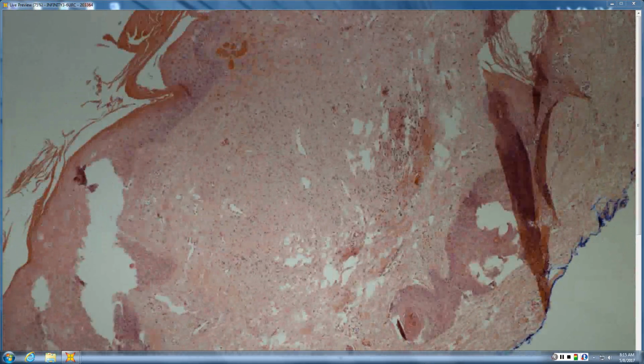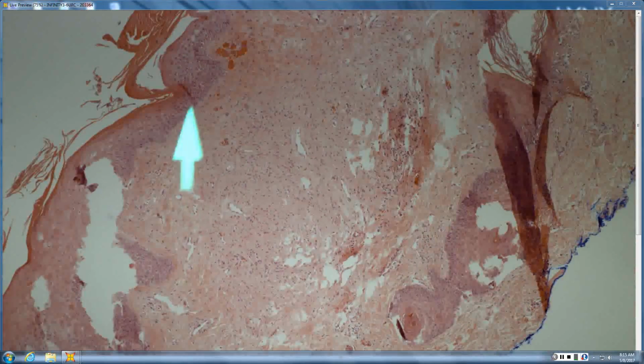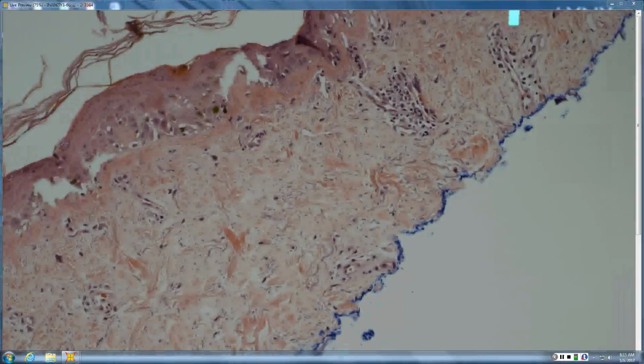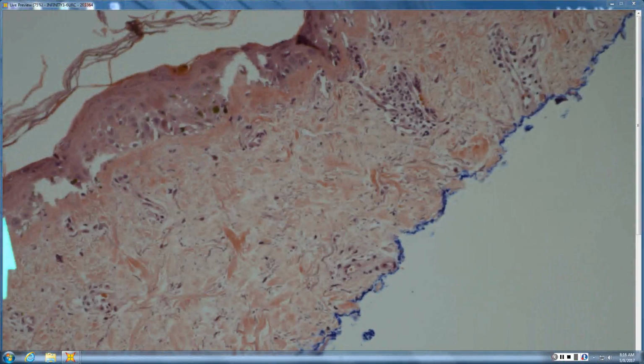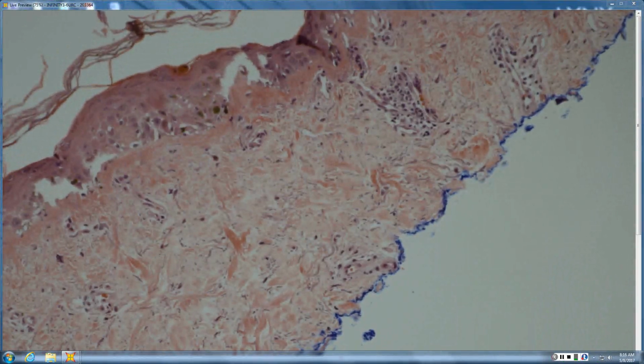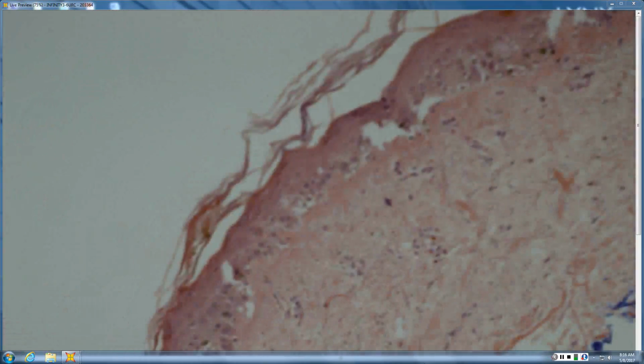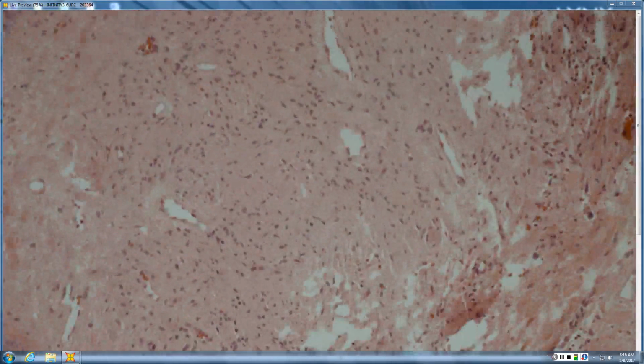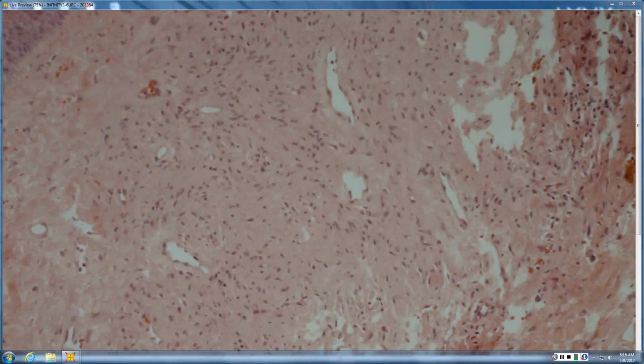So, there are a lot of things going on. There's this fibrovascular area here, there's a crust, but then there's also epidermal death and interface here, right? Yeah, it looks acute. So, this is probably like an incidental little neurofibroma.